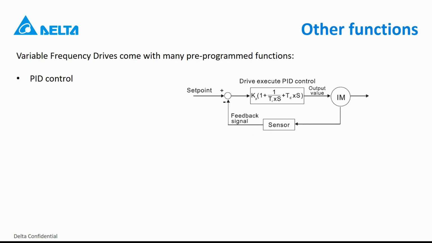In this type of application, you do not actually care what speed the motor is running at. For example, if you are trying to achieve a pressure of 6 bars, all you really care is that your pump will increase the speed when the actual pressure is below 6 bars and decrease the speed when it's above that. The reason it's called PID is because you have different gains, proportional, integral, and derivative, which you can set in the drive or in the onboard PLC of the drive.